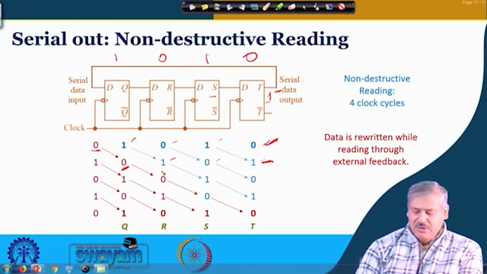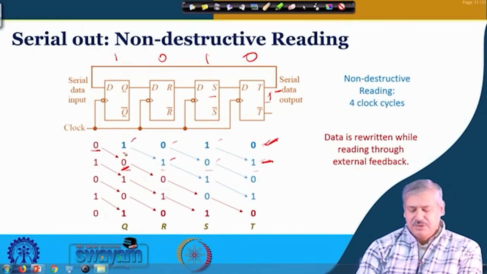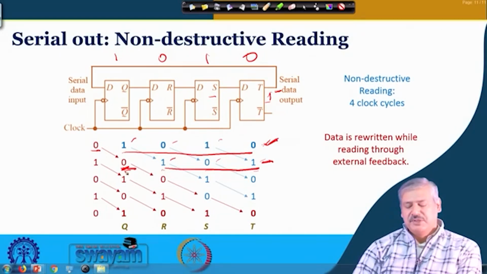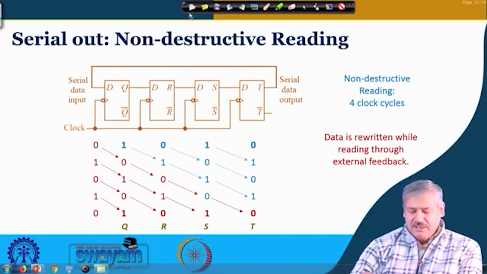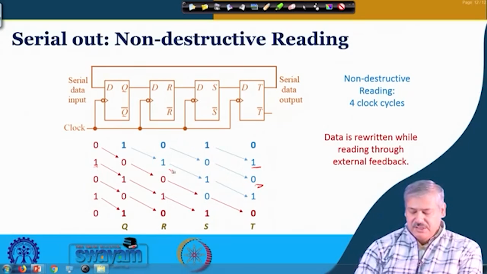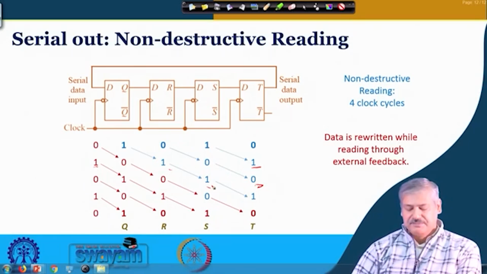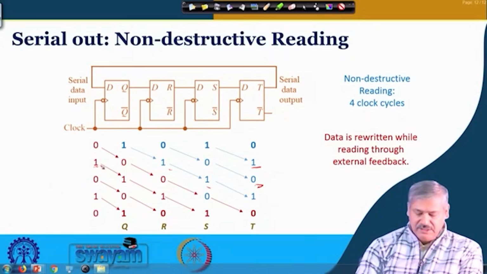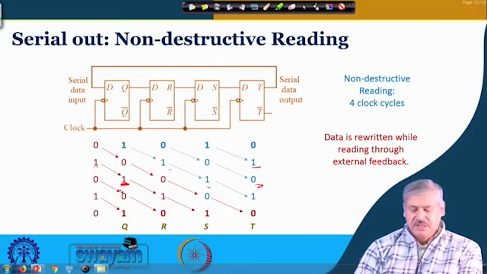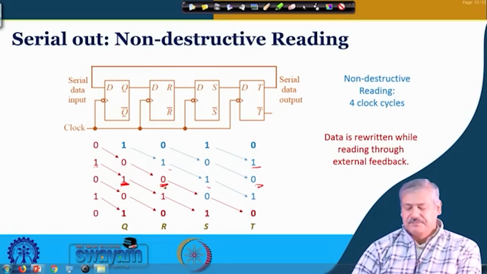Now, you have got 1 0 1 and 0 here. Earlier this was 1 0 1 0, now this is 1 0 1 0 and this. Is it okay? Another clock, and at that time this 1 comes over here. Next clock. So, this 0 will be pushed here, this 1 will be pushed here, and then this 1 comes to this place at Q, and R gets the 0.